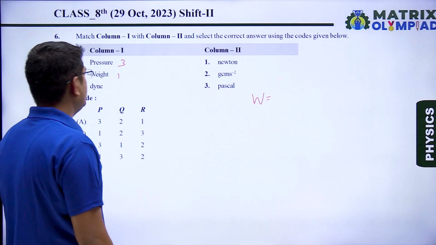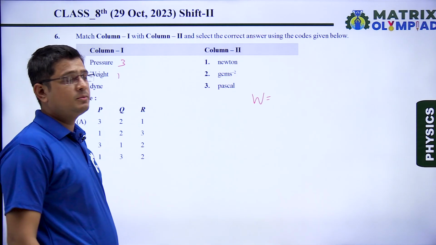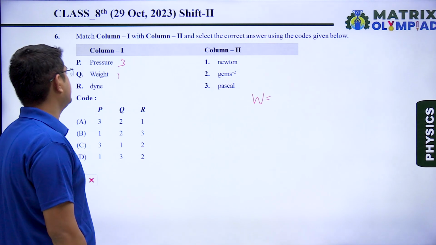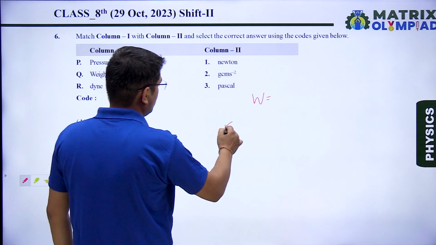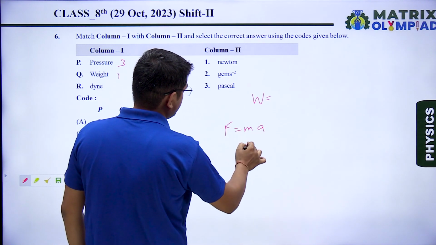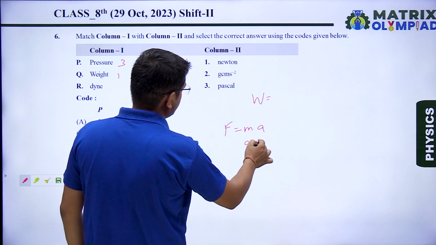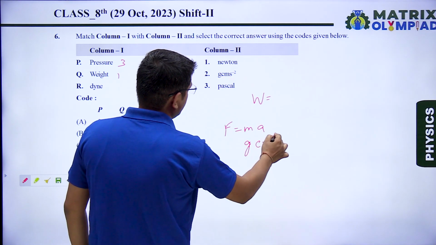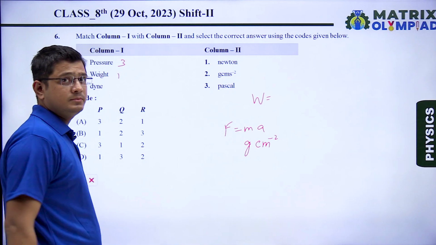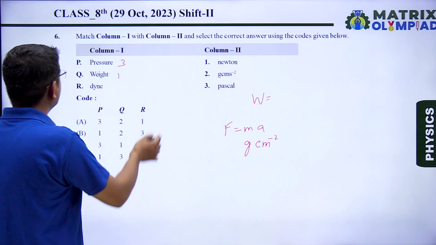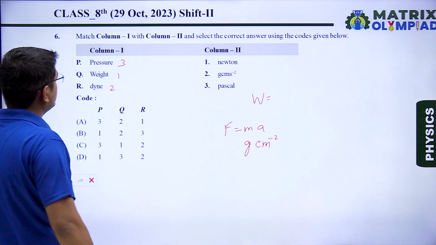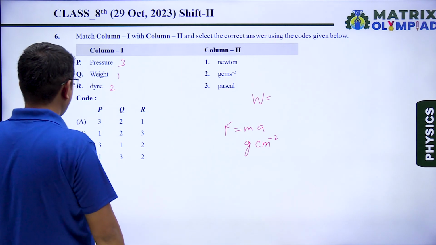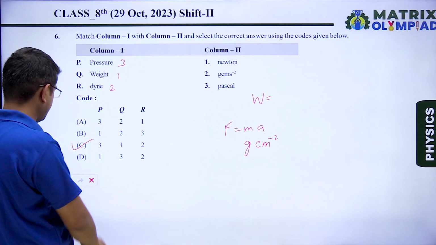And dyne, we can see dyne is also a unit of force, but it is in the CGS system. In the CGS system, the force is given by m into a, mass will be taken in grams, and acceleration will be in centimeter per second square. So for dyne I will write 2, so the correct code is 312. That means option C is our correct answer.